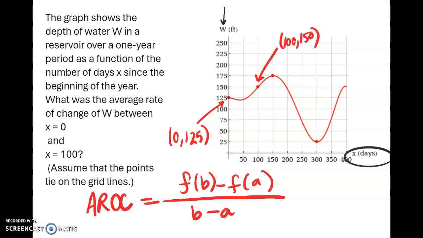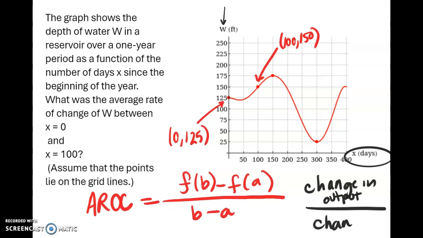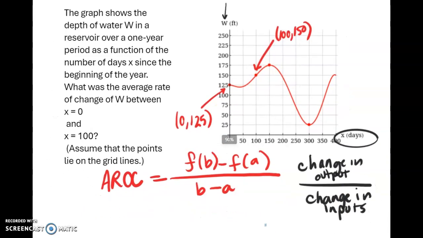It's the change in the outputs. That's another way we can think of it. Think of it as the change in the outputs divided by the change in the inputs. Very similar concept to the slope.